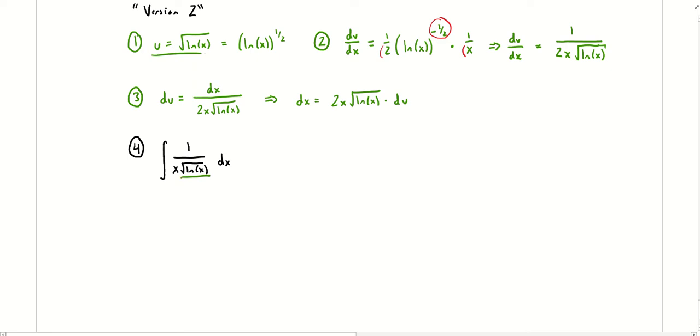That's going to become u, and dx is going to become this big thing here. So what do we get? We get the integral of 1 over x times u times 2x times the square root of the natural log of x times du.